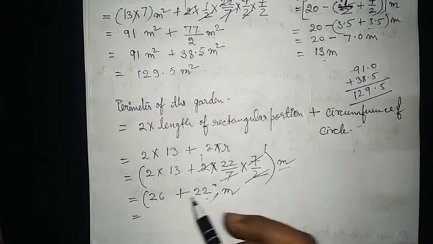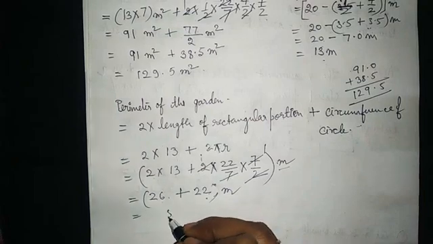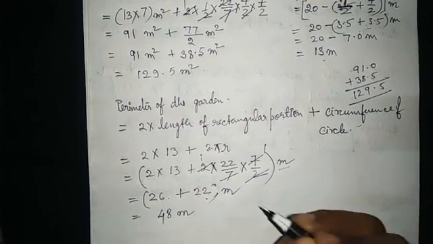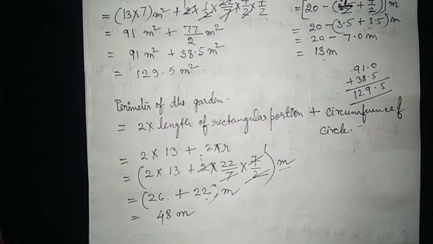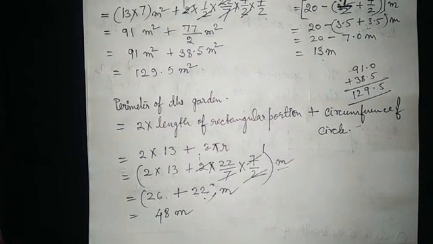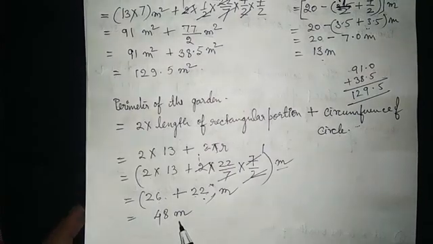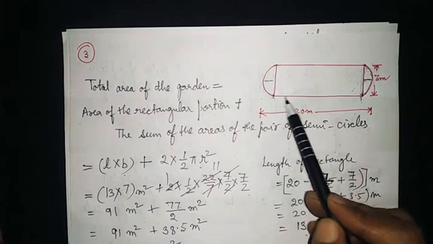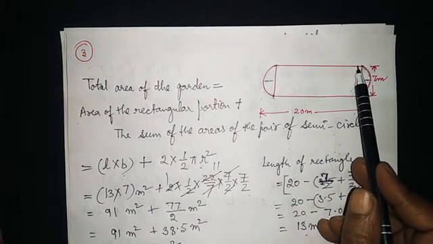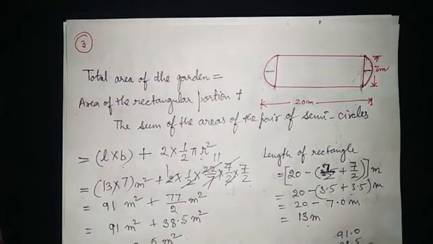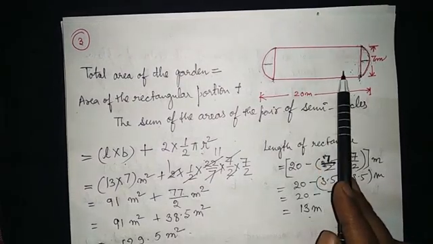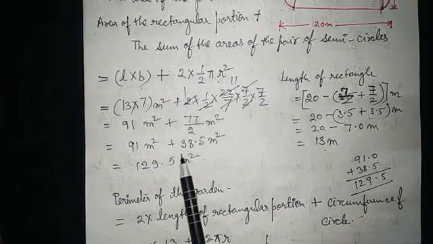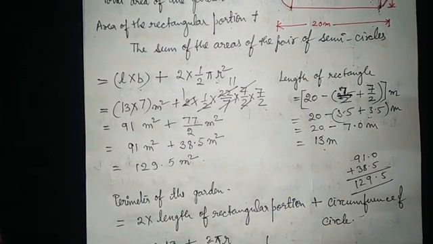So 6 and 2, 8, and 2 to 4 will come. 48 meter is the perimeter of this figure, and the area of this figure is 129.5 meter square.